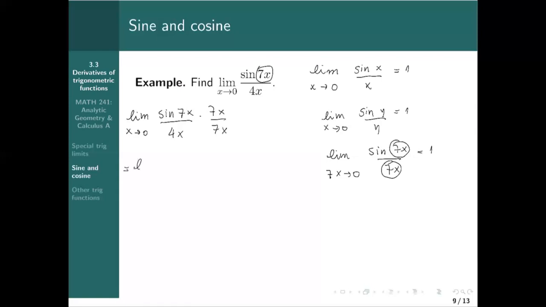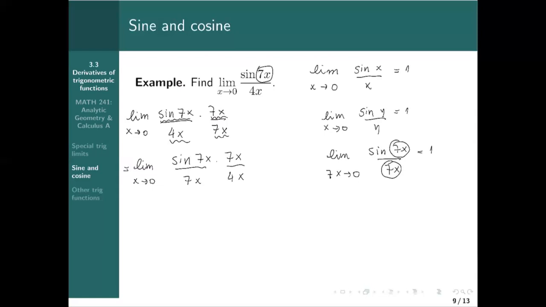And this is going to be equal to the limit as x goes to 0 of sine of 7x over 7x times 7x over 4x. I just rewrote it, putting this numerator with this denominator, and then this numerator with this denominator.